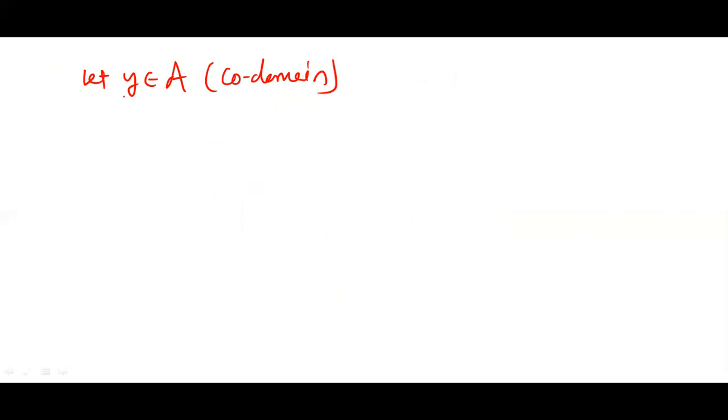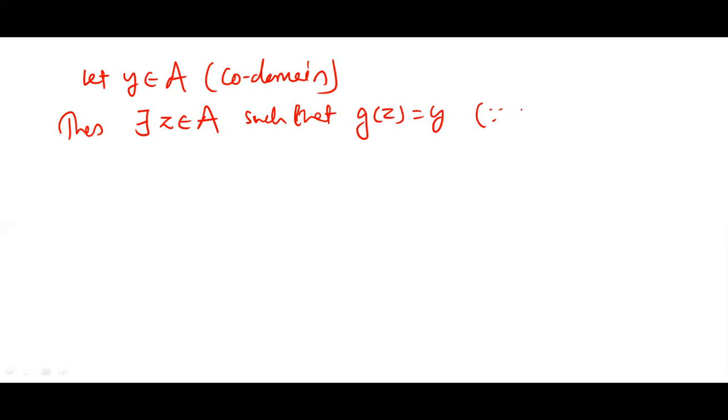Since g is a permutation, g is an onto function, then there exists an element z belonging to A such that g of z is equal to y, since g is onto.